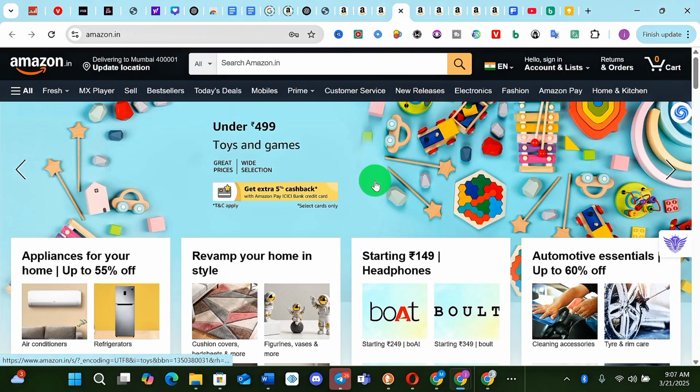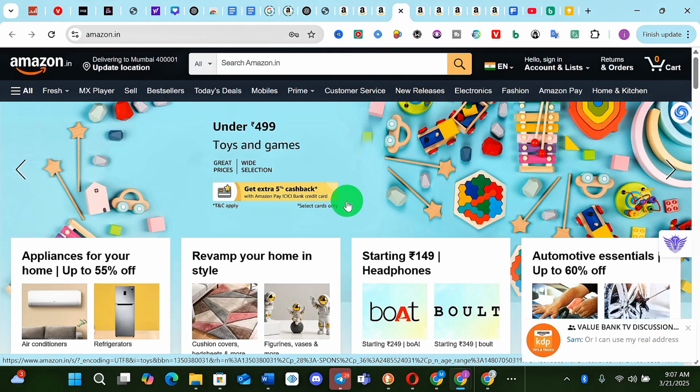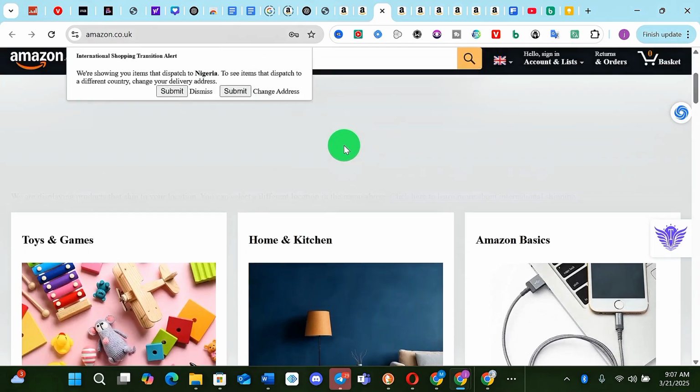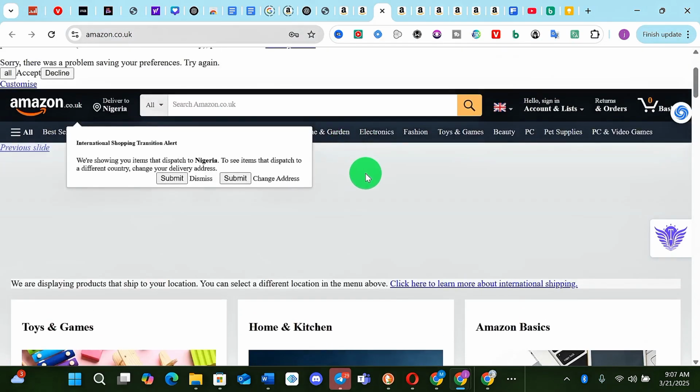Now, another market that really sells very well is the Indian market. About the UK market, it has a number close to the German market. They have approximately 429 million customers visiting the UK market every single month.